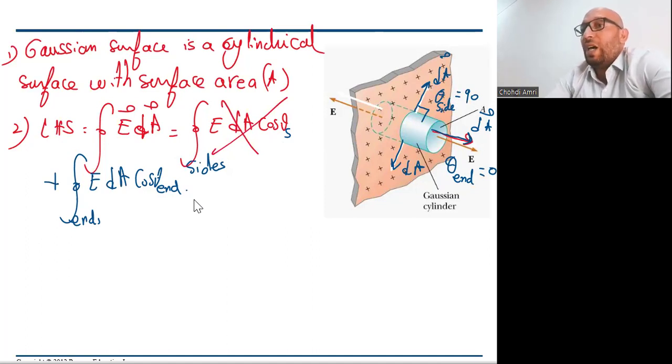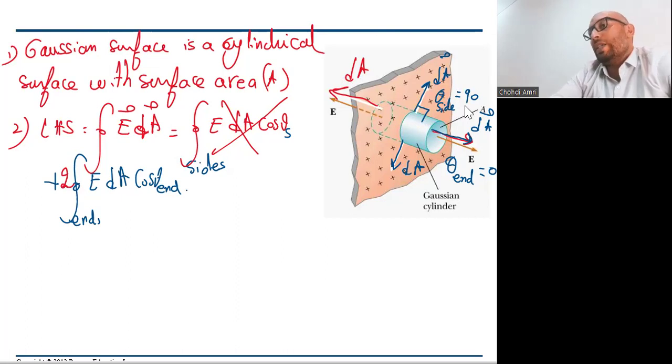Okay, how many ends do we have? This end, and this is another end. So what we're going to do, we will multiply here by 2, because we have 2 ends, let's say the right end and the left end.